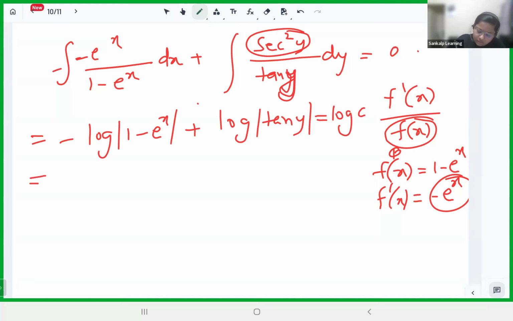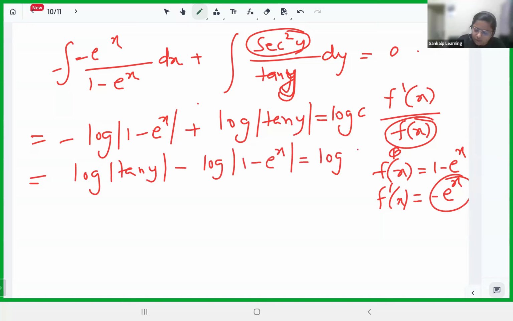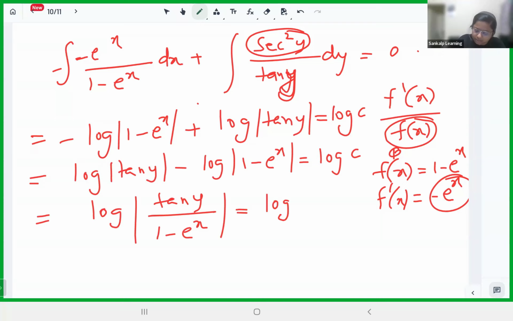So this is equal to log mod tan y minus log mod 1 minus e raised to x equal to log c. Log a minus log b equal to log a by b, right? So this is equal to log of tan y by 1 minus e raised to x is equal to log c.